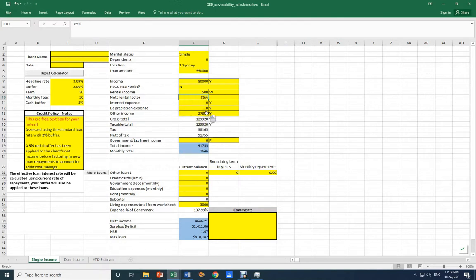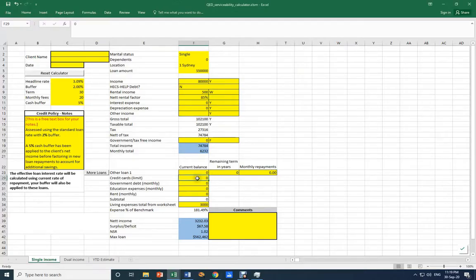That's fine. Other income, that goes to 0. Other interest expense, there is an interest expense, but we'll leave that blank for now. It's not that important. Current balance, there's no other mortgages, there's no credit cards. If Emily would have a credit card with, say, a $5,000 limit, then we would put here 5,000.